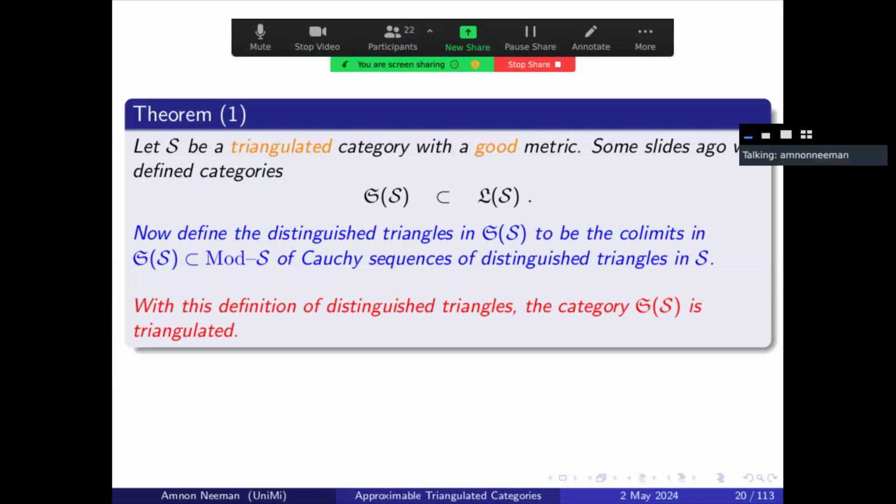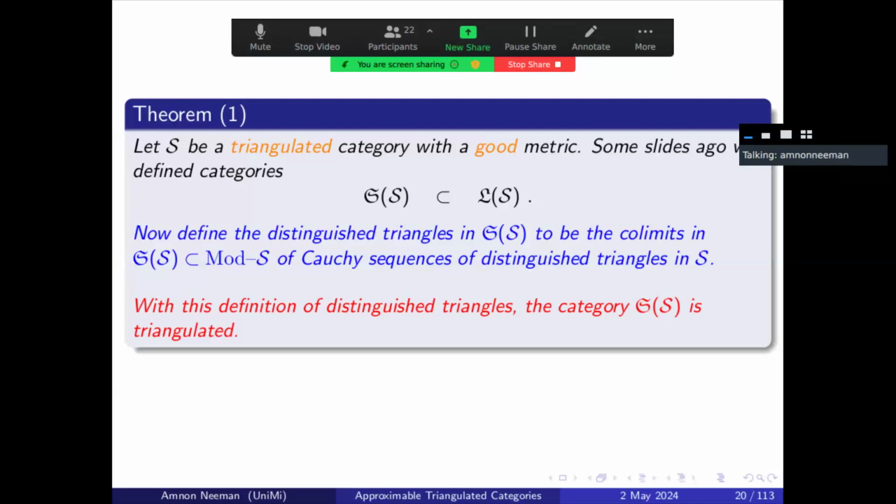So now, this is a theorem, and I should point out that it's a surprising theorem, because we've all been taught that triangulated categories don't reproduce. So the old wisdom is that in order to produce new triangulated categories out of old ones, you have to have some enhancement.